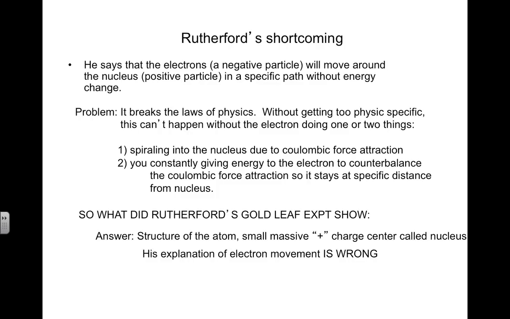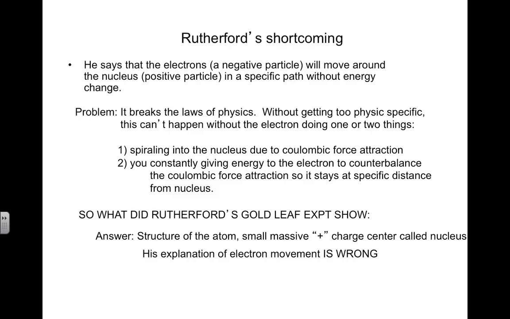And since the nucleus is positive and the electrons are negative, that sets up an issue. Because if that was the case, and the atom wasn't constantly getting energy, then that electron would start being attracted to the nucleus, and therefore it would start spiraling into the nucleus.